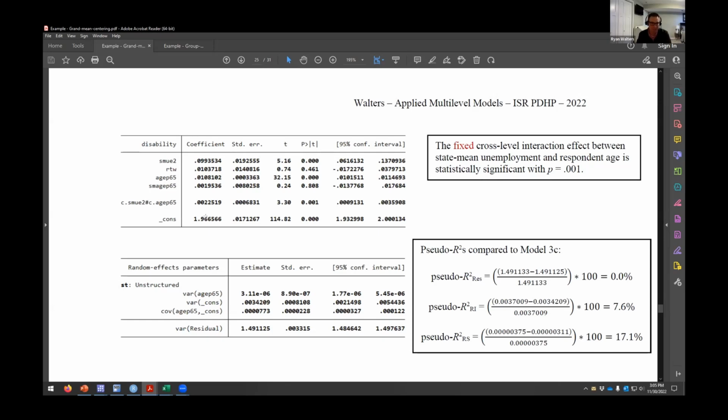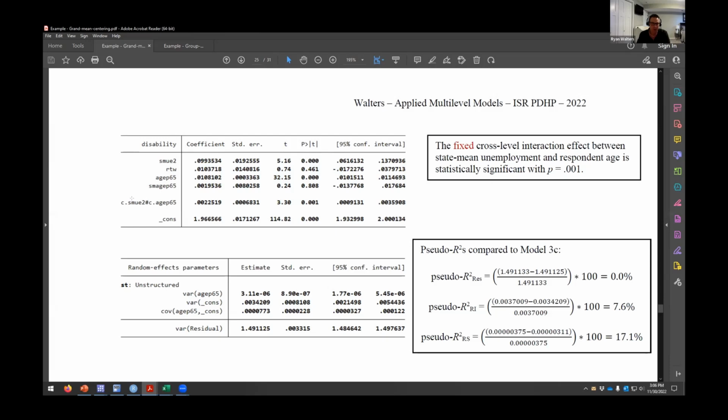So what that means is that state mean unemployment moderates the effect of within person age and vice versa. If we take a look here, the level 1 age effect is 0.0108. This is now a simple main effect, specifically for a person living in a state with an unemployment rate of 2. We set this to 0 to turn this interaction off.